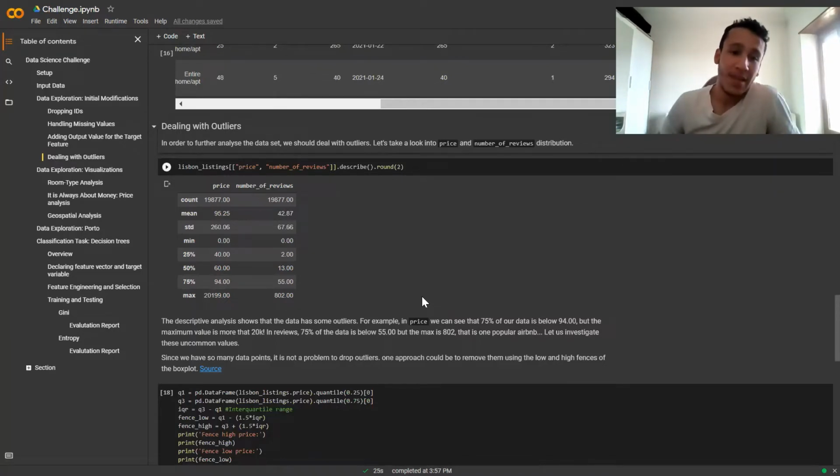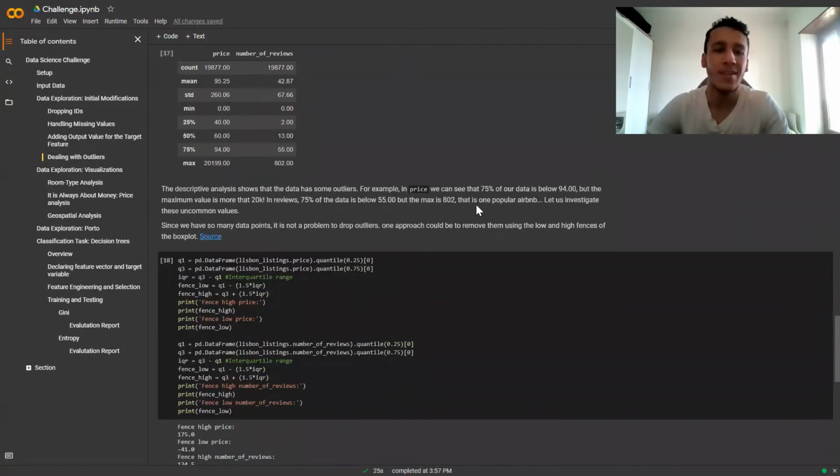That's a lot, because looking at these values, I did a little research, and I saw that the most expensive Airbnb in the world, worth about $12K, is in the United States, and the most popular one has about 450 reviews, which is a lot. So these values right here are obviously outliers. I posted all the sources here, so you can check out these little curiosities, because we have to look at them from an empirical point of view.